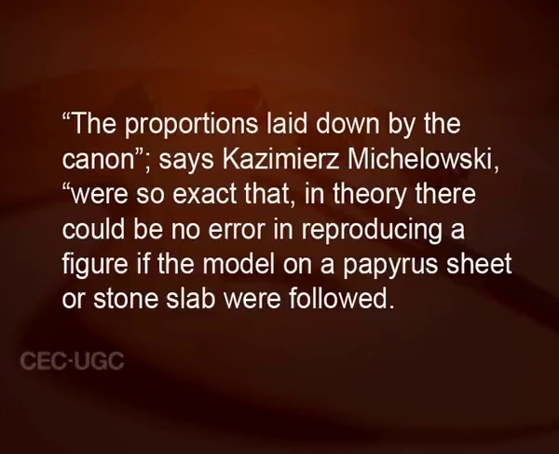The proportions laid down by the canon, says Kazimierz Michalowski, were so exact that, in theory, there could be no error in reproducing a figure if the model on a papyrus sheet or a stone slab were followed.